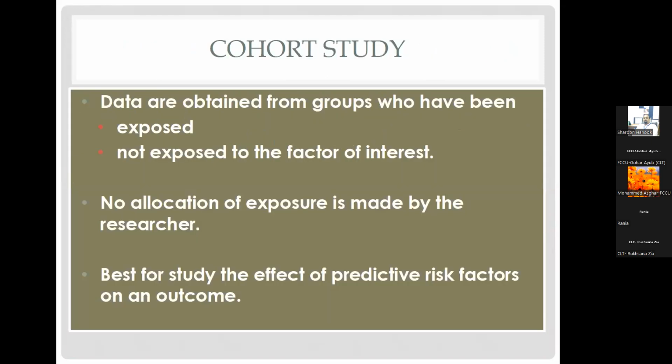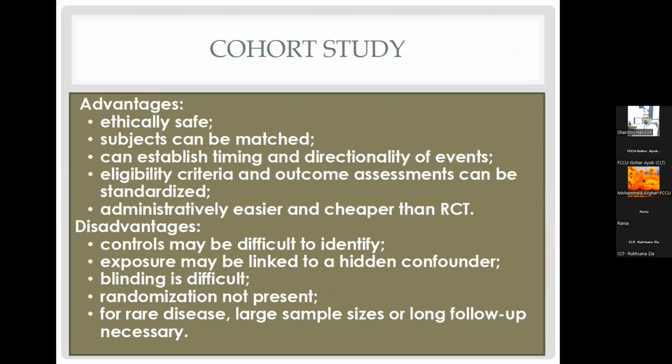Then in cohort studies, data are obtained from groups who have been exposed or who are not exposed, and no allocation of exposure is made by the researcher, whereas in randomized trials, exposure is allocated by the researcher. But it's best for studying the effect of a predictive risk factor on an outcome, and the advantages include they're ethically safe.